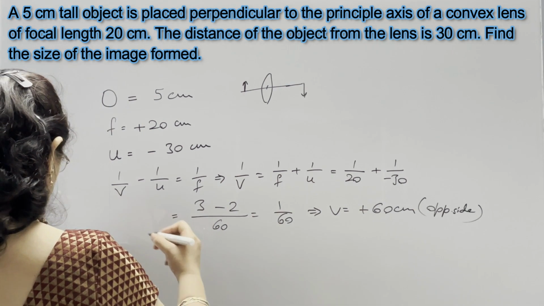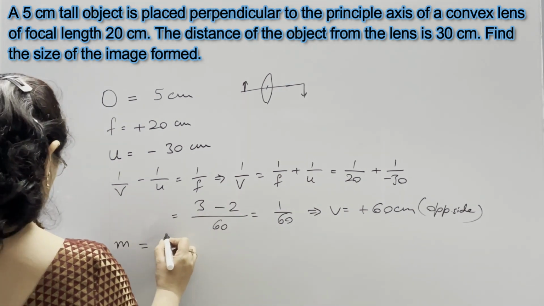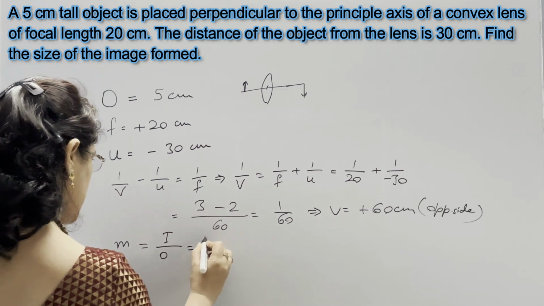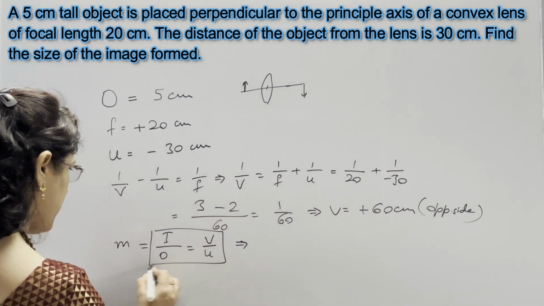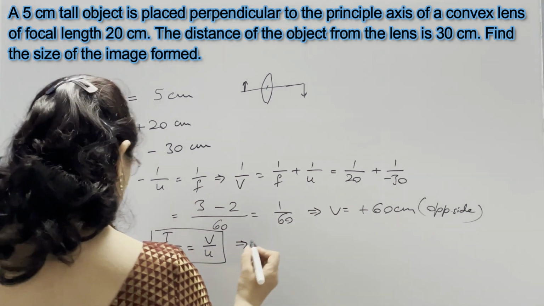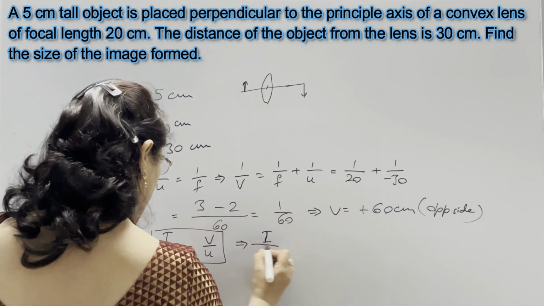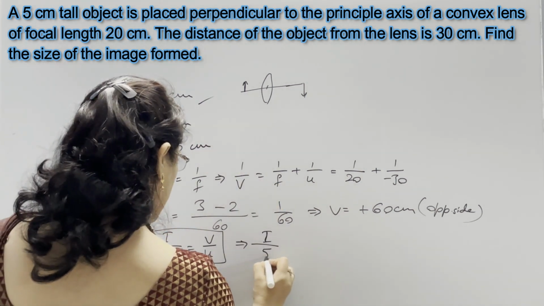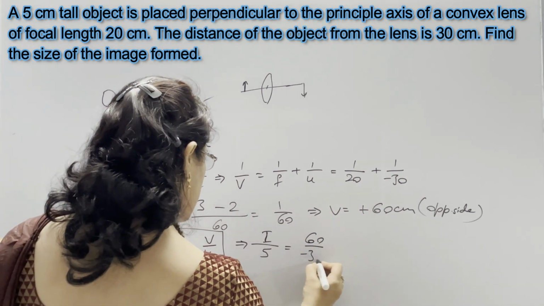Now the size of the image formed. We know that magnification is equal to I upon O is equal to v upon u. So we are going to use this formula in many other numericals also. So value of I we don't know, we have to find. So we take it as just I, and value of O is 5, value of v is 60, value of u is minus 30.